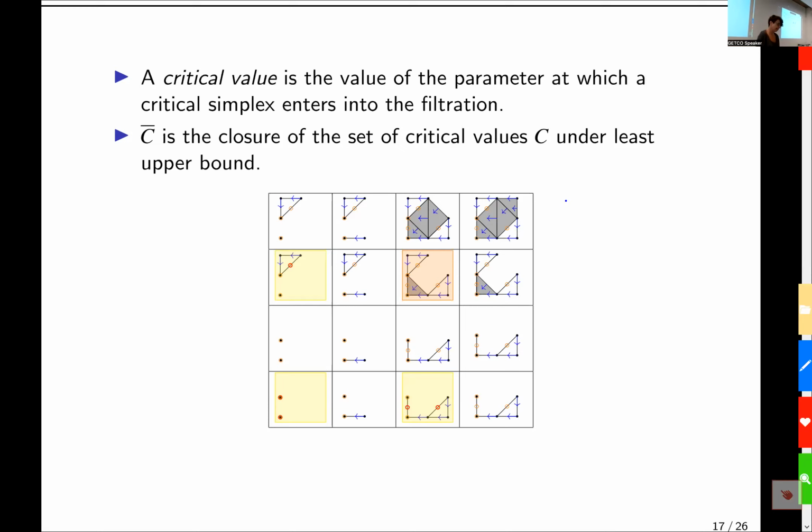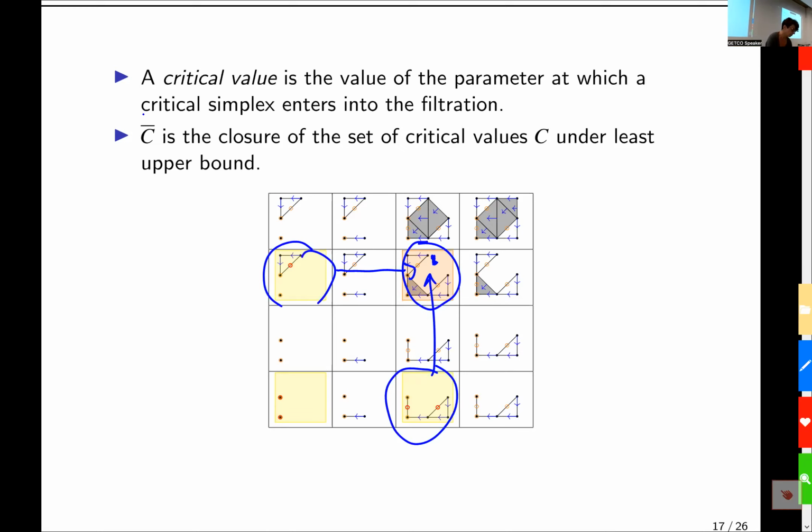Now we can take the closure with respect to the least upper bound. This is needed because otherwise, when we are here, we have the effect of whatever has happened here and whatever has happened here. So this is also an important location for persistence.